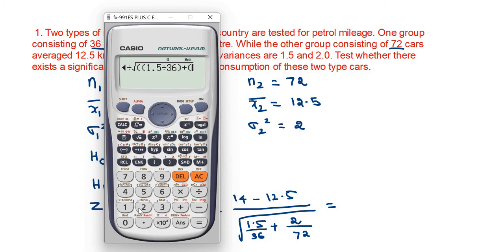For the second term, open another bracket, 2 divided by 72. This bracket is for the second term, and another bracket for the full term. So now we are getting 9 root 10 by 5. In decimal we are getting 5.69. So the calculated value of Z is 5.69.